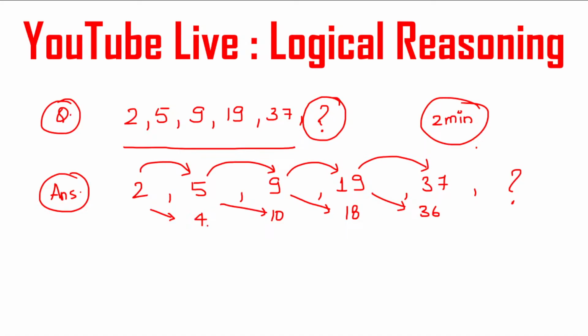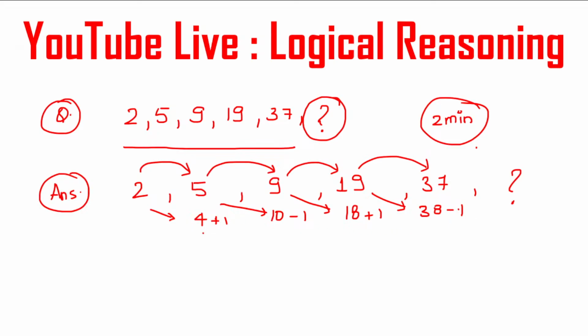So if you notice, there's a plus 1. So 4 plus 1 becomes 5. 10 minus 1 becomes 9. 18 plus 1 becomes 19. And 36 plus 1 becomes 37. Sorry, 19 twos are 38, so this should be 38 minus 1.